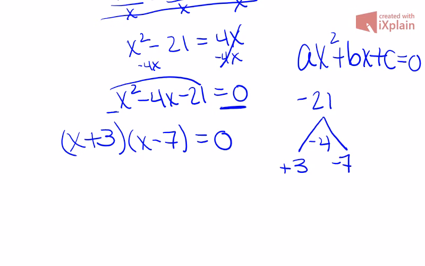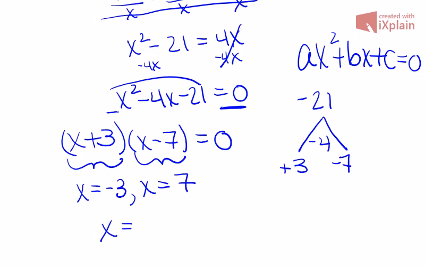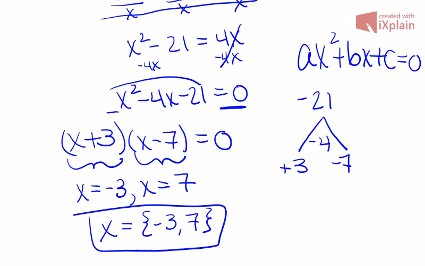Your solution is always opposite what you see. So here I see a plus 3, meaning x can be negative 3. Here I see a minus 7, meaning x could equal positive 7. So we would write our final answer: x is negative 3 and 7.